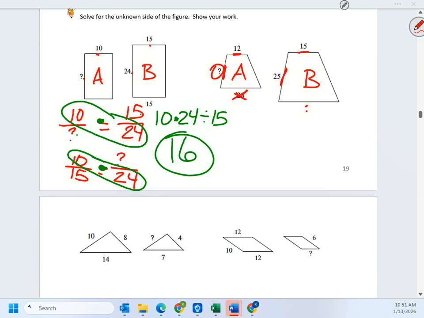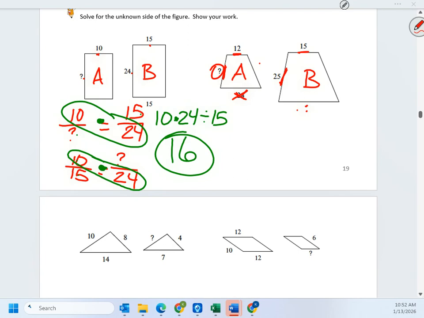I have to obviously use the sides that have the question mark. I have to figure out what side matches up with the question mark, because that's what I'm solving for. If they give you all numbers, you get to pick which sides you want to match it up with. So always use the side that has the question mark, and then use whichever side you want that has two numbers on the A and the B, right?